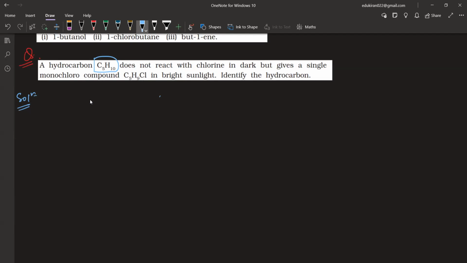So we have C5H10. Then we check if it belongs to the cyclohexane, no. That means this formula can either be alkane, or alkene, or cycloalkane.